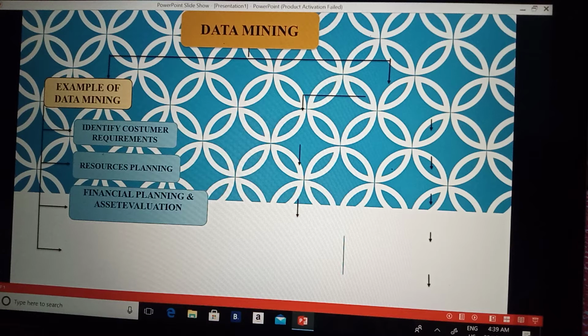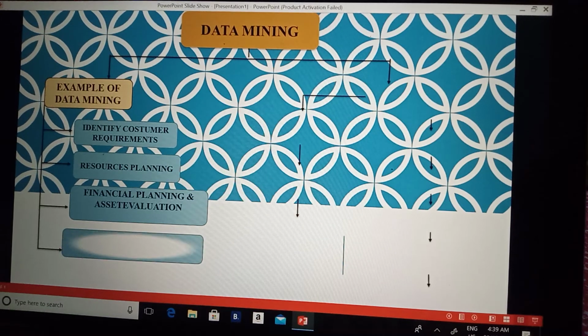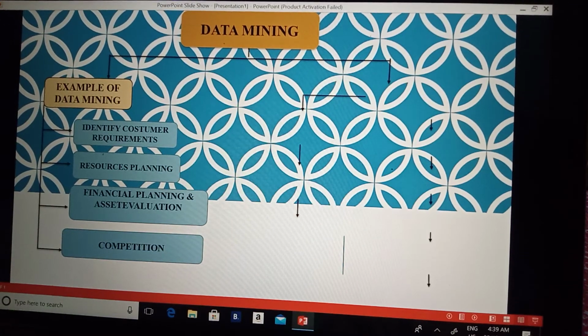Cash flow analysis may be involved to evaluate assets. And the last one is competition. This involves monitoring competition and market direction.